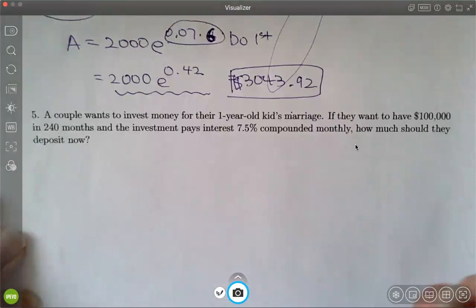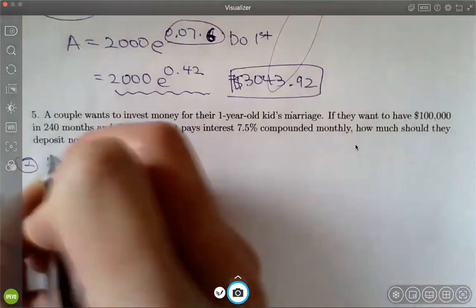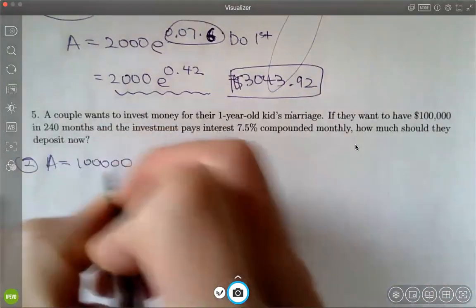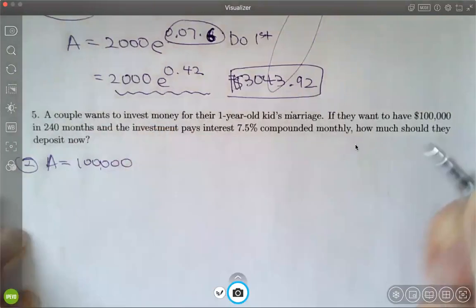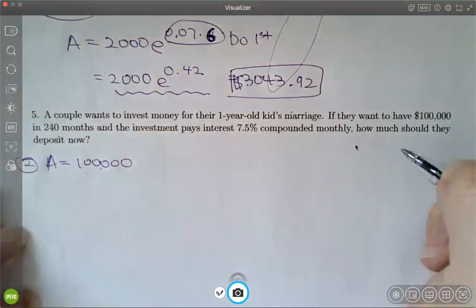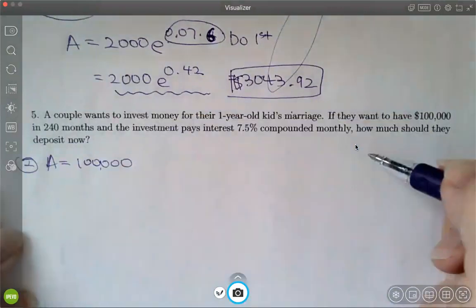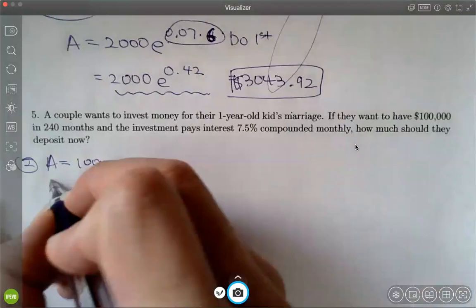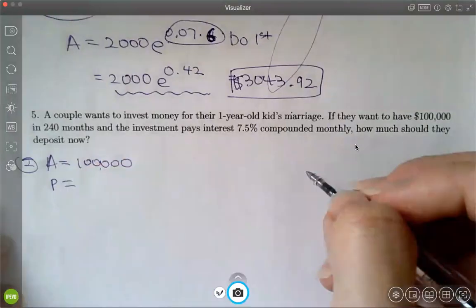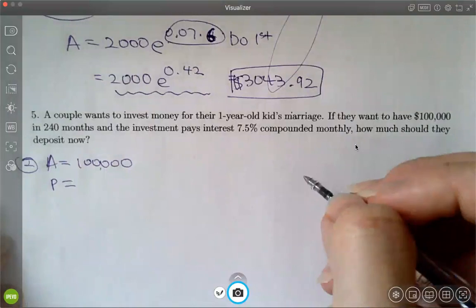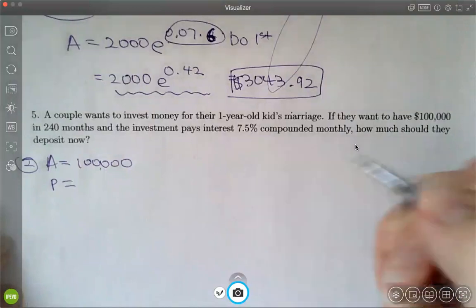Yes. Okay, what's the value of A? 100,000, right? Yeah, don't ask me why the money is so expensive, okay? Like, that's not me, okay? This is just a random number. Do we know the value of P? No, right? In fact, that's what we are trying to find, right?